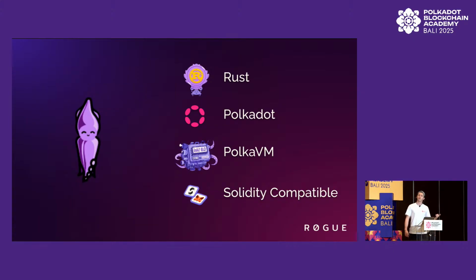Since one year ago, the Ink Alliance came to life, and we are now developing and maintaining Ink. Before it was Parity. Parity has done a really good job. Ink is a really solid language. And right now we have been working on making it compatible and ready for PolkaVM and Polkadot Hub.